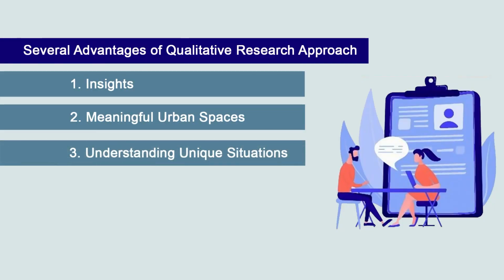Understanding unique situations. Qualitative methods hold the key to unlocking the uniqueness woven into the fabric of every city and community. They serve as cultural anthropologists, sifting through the layers of history, culture and context to reveal the threads that compose a location's individual development story.